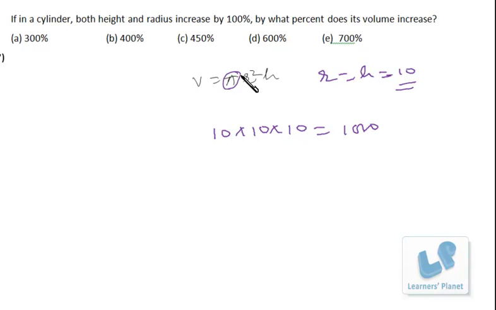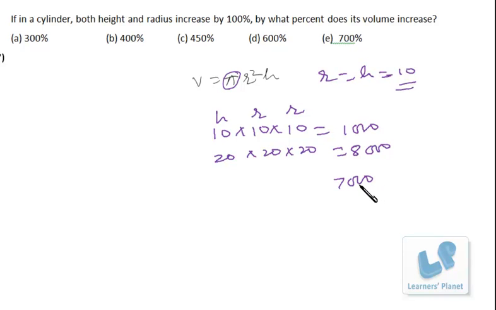I'm not taking this pi into consideration. Now height is increased by 100%, that means the new height is 20 and the new radius is 20, so it's h r r, and the new volume will be 8000. So what is the increase? That is 7000.